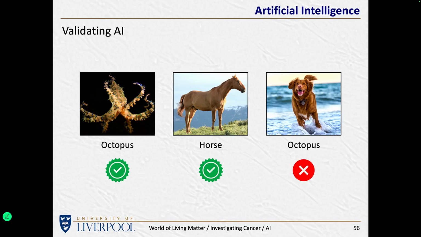So if it gets it wrong a few % of the time, we need to know it gets it wrong a few % of the time. And ultimately, over time, we might be able to improve, if we know why it's getting it wrong, improve the algorithms, improve the software, and do a better job of predicting when tissue is going to become cancerous.